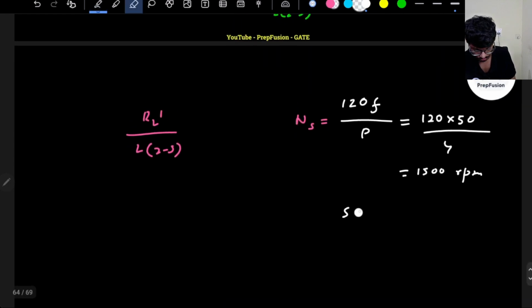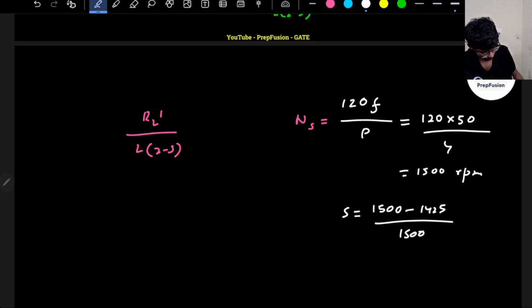So s is equal to 1500 minus 1425 divided by 1500, right? So slip is 0.05.